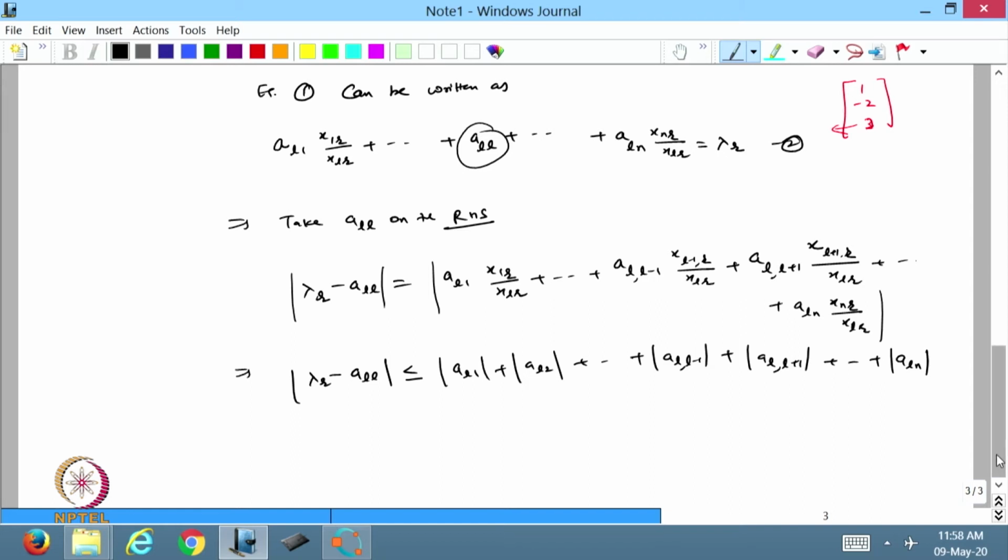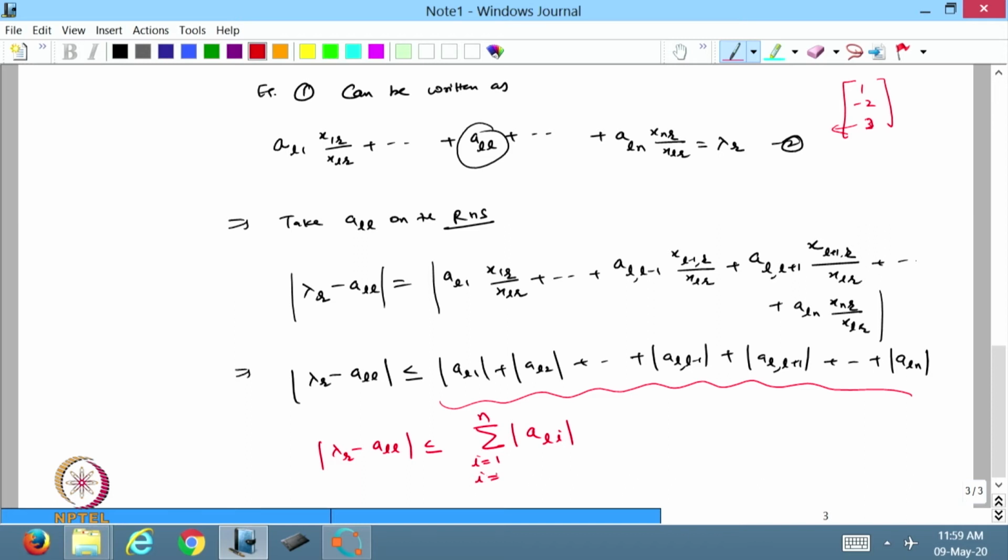Now, you can see from here that this is again the sum of the moduli of the lth row except a_ll. So, I can write that the modulus of λ_r minus a_ll is less than or equal to the summation of |a_li|, with i from 1 to n and i not equal to l, excluding this value.